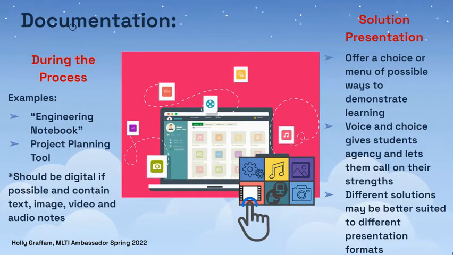So along the way, you're going to need some documentation, like, how are you going to assess students formatively, summatively, and provide them feedback? I look at documentation as two different pieces, and potentially three different pieces, that students are going to need.